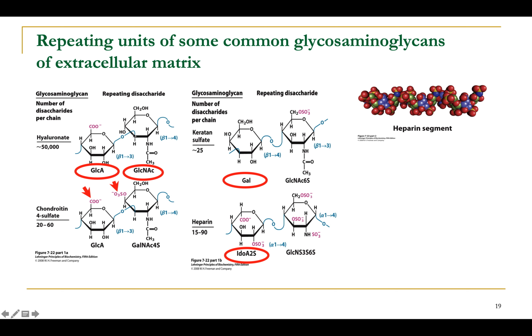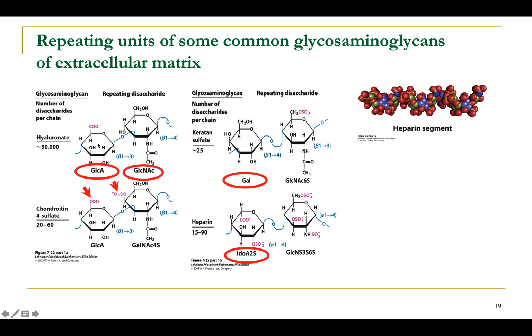All glycosaminoglycans are heteropolysaccharides consisting of repeating units of two monosaccharides, one of which is an amino sugar, and hence the name glycosaminoglycans. Different glycosaminoglycans have different composition. However, all of them are highly acidic, containing either carboxy sugar or sulfur sugar or both.